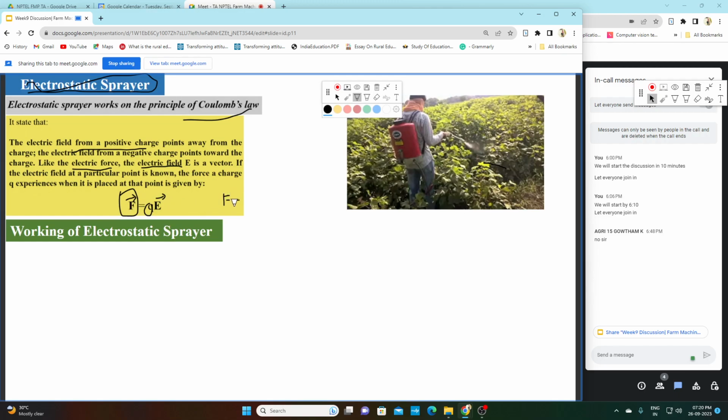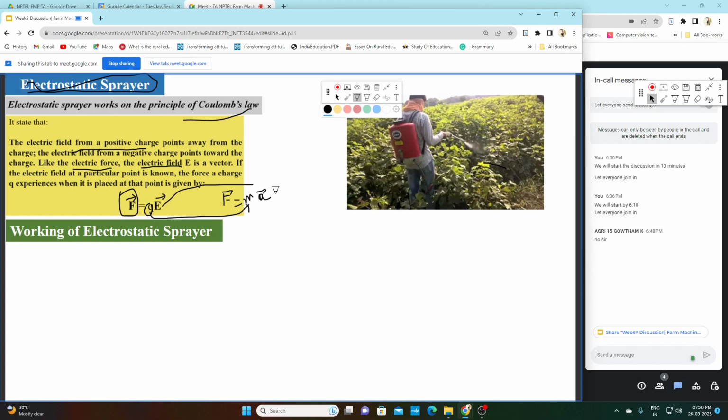It is like F equals MA. Similarly, in electrostatics, we have F equals QE. Q, or charge, is analogous to mass, and E is a vector quantity, analogous to acceleration.